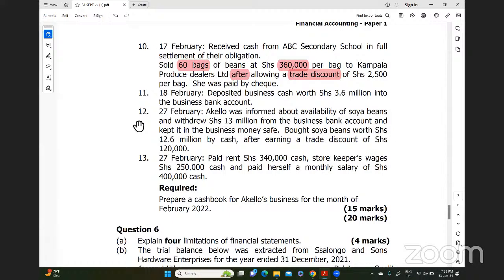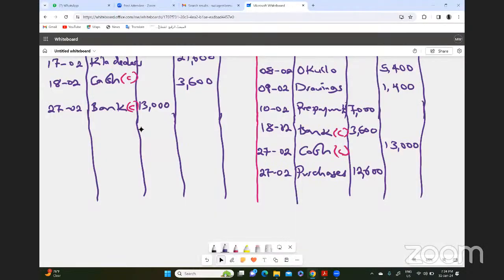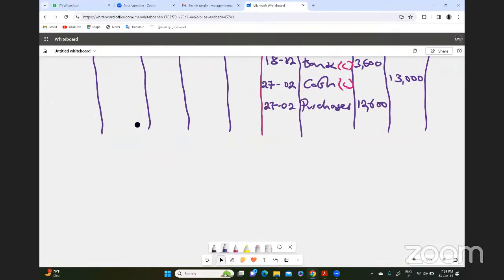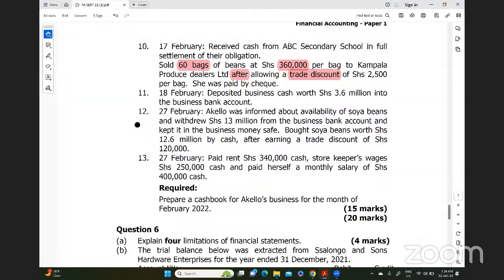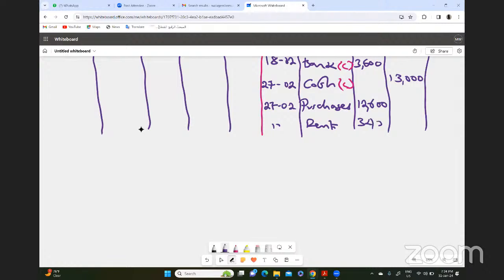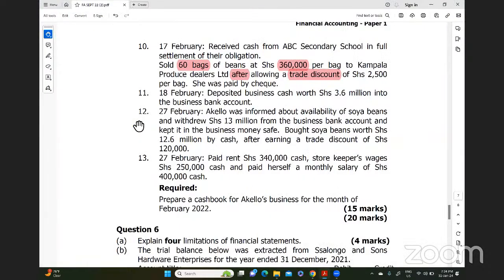One by one, paid rent cash. Rent 340 cash. Storekeeper's wages 250.